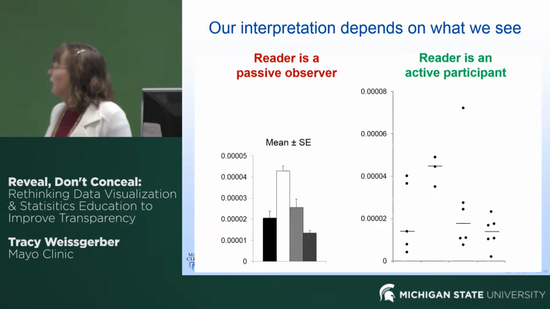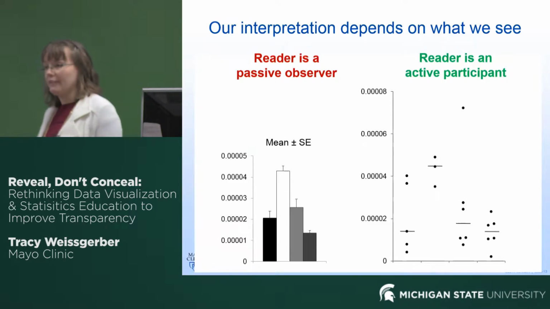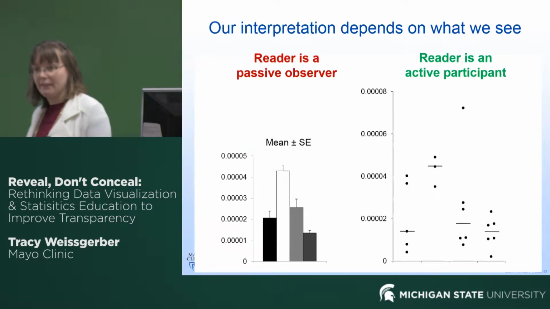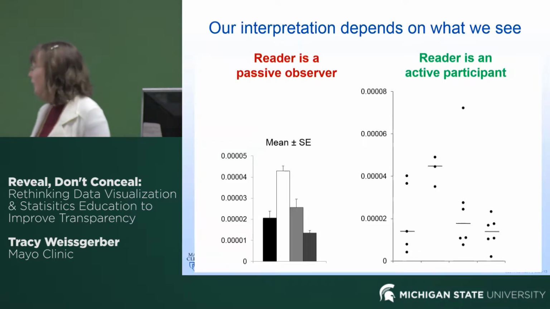In contrast, when I have a dot plot here showing the data points, I immediately get a lot more information that causes me to actively think about the data set and about the conclusions that are being offered. So for example, I might say, okay, the thing I see is that this small sample size data set, so I should be cautious about these conclusions. There's a lot of uncertainty here.